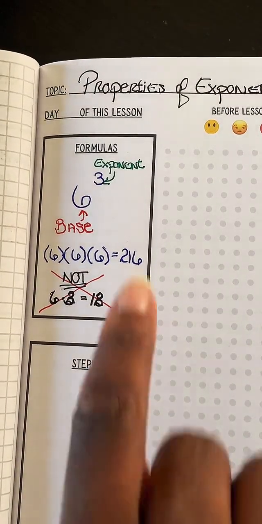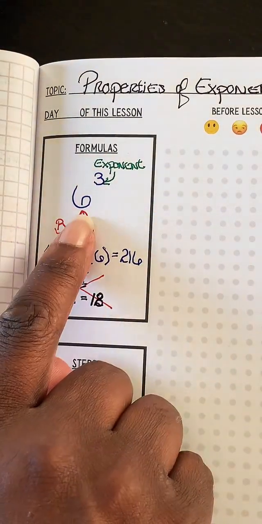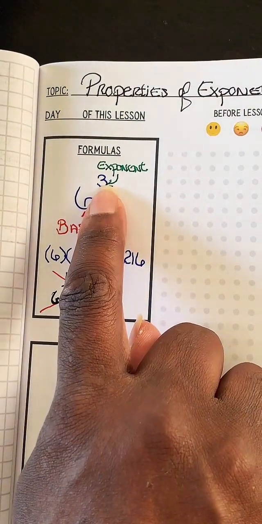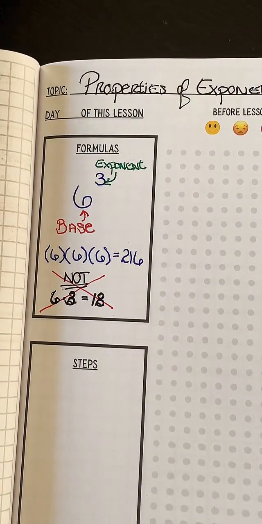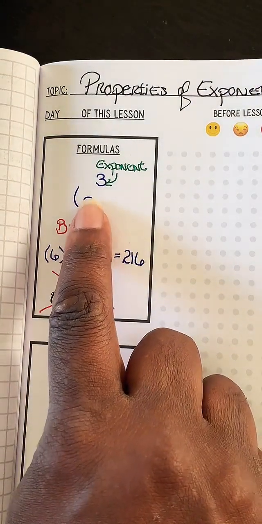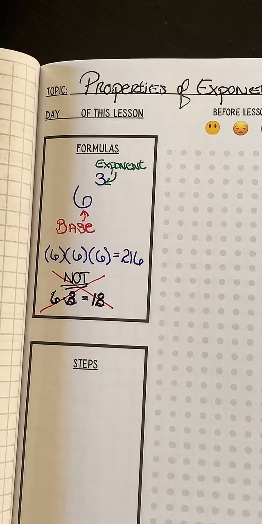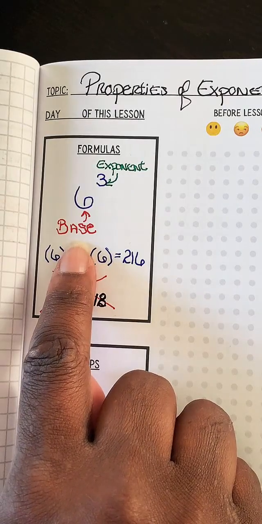One thing, we have what's called a power. 6 to the third power, or 6 raised to the third power. We hear that a lot. And then later on, we start hearing 6 cubed, because we're looking at all 3 dimensions. So the 6 is your base.